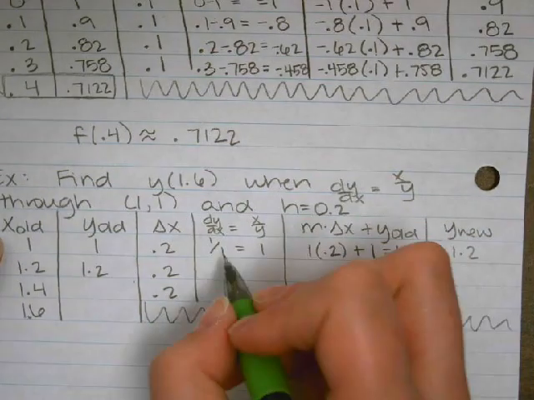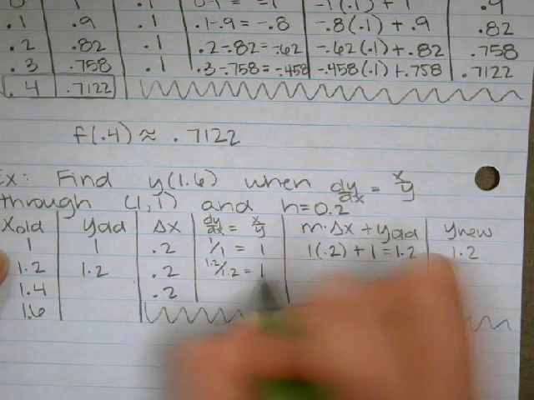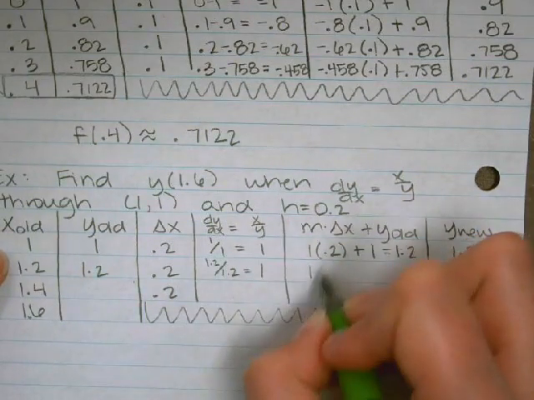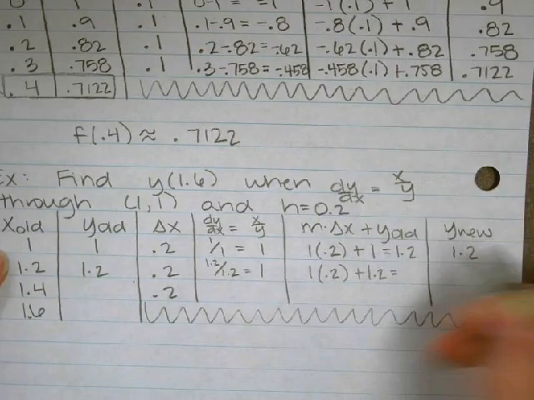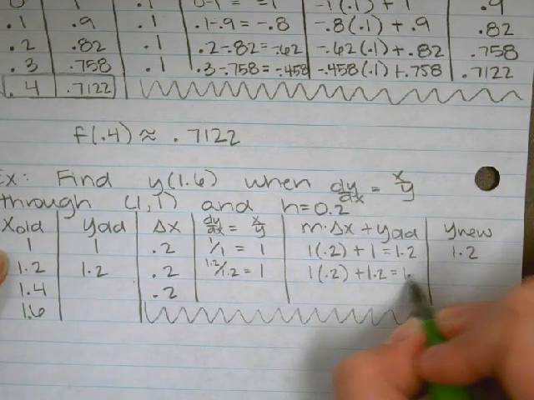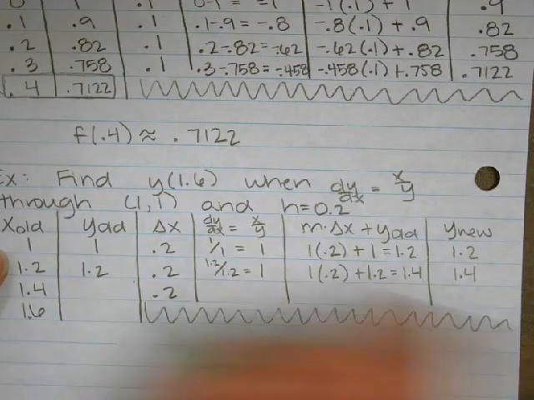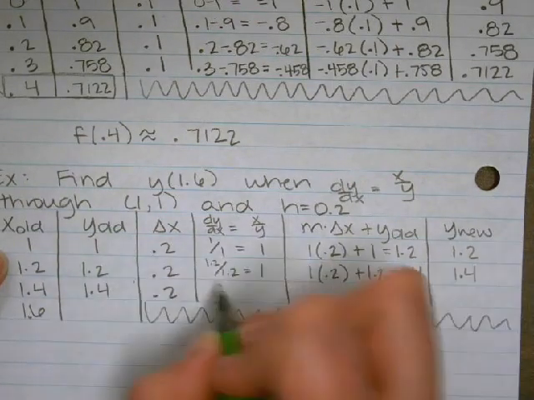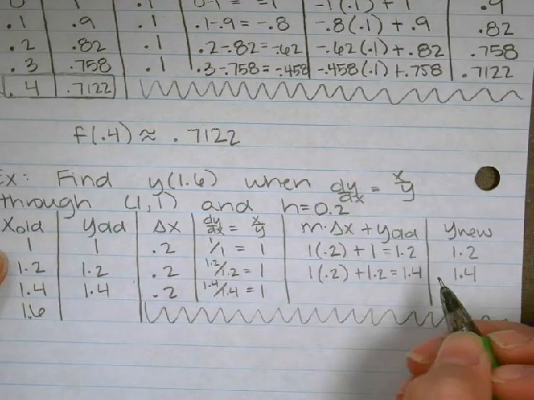All right, now I have x divided by y still equals 1. My slope times 0.2 plus 1.2. That's going to be 1.4. So my y value is 1.4. X divided by y equals 1.